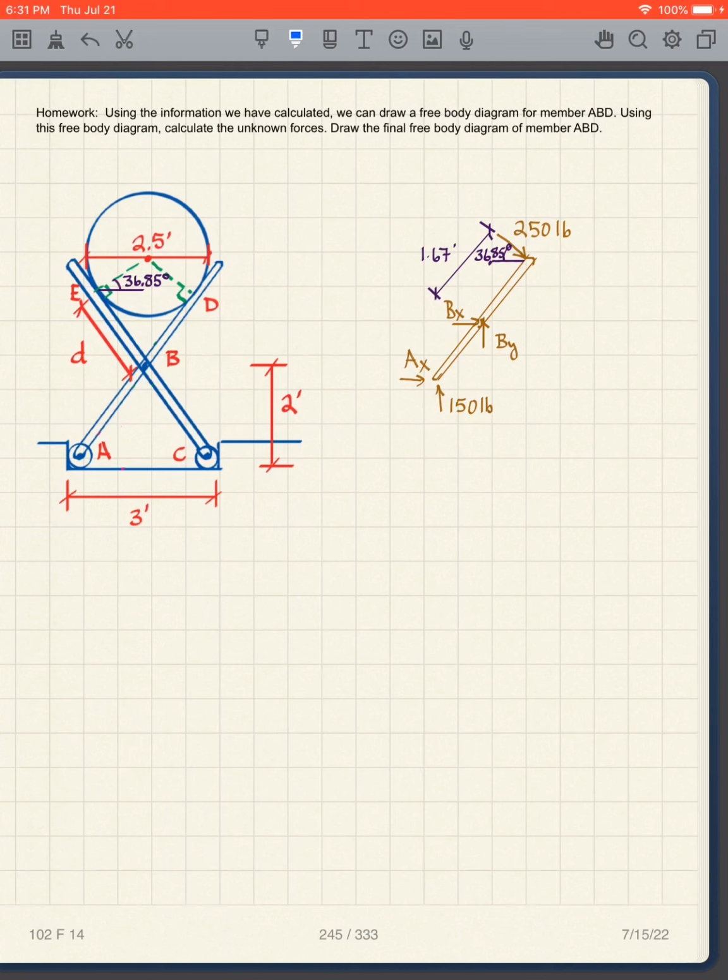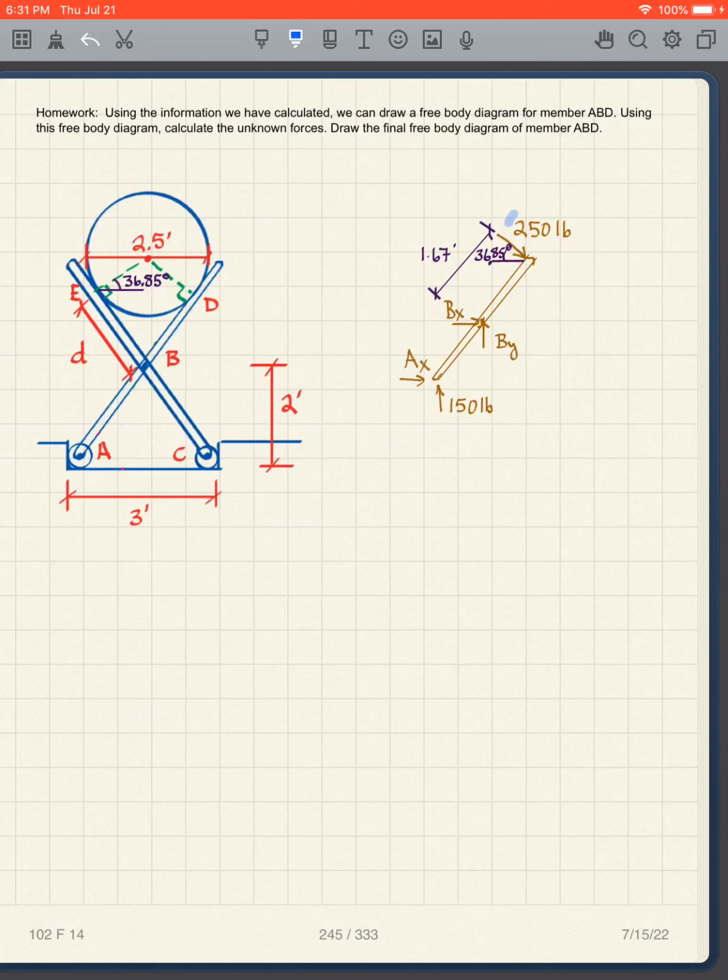And then the last part of this is, using the information we've calculated, draw a free body diagram for member ABD. So that's this member here. And what we did just calculate is this. I'm sort of showing you the free body diagram. This is what we've learned so far.